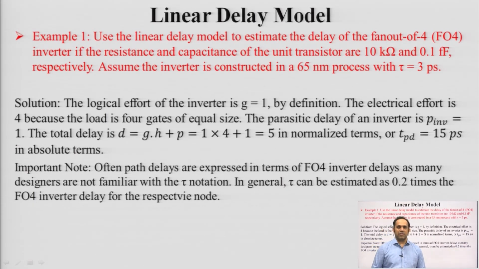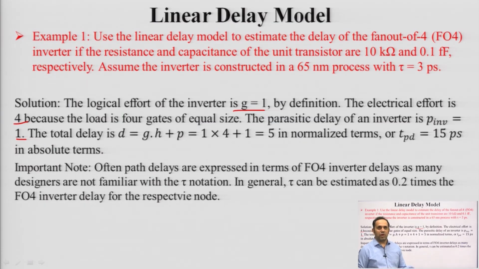Now, we are talking about inverters, we have seen that the logical effort of the inverter is equal to 1. The electrical effort is 4, because it is driving 4 other similar inverters of equal size. The parasitic delay of the inverter is also equal to 1. We are talking about normalized parasitic delay, 3RC divided by 3RC.